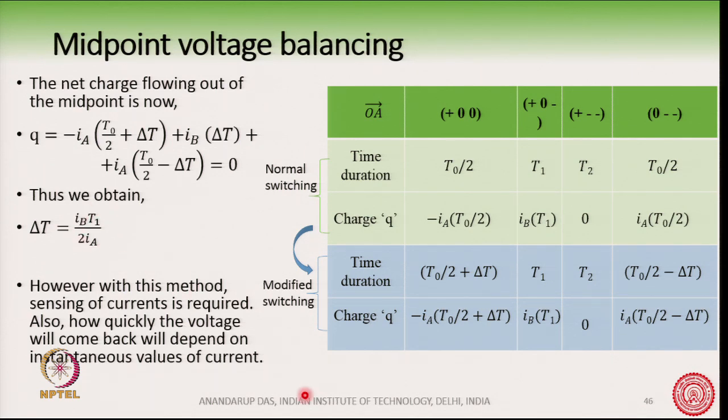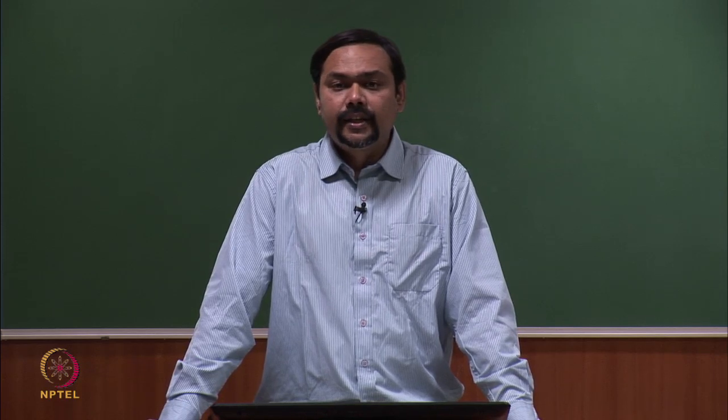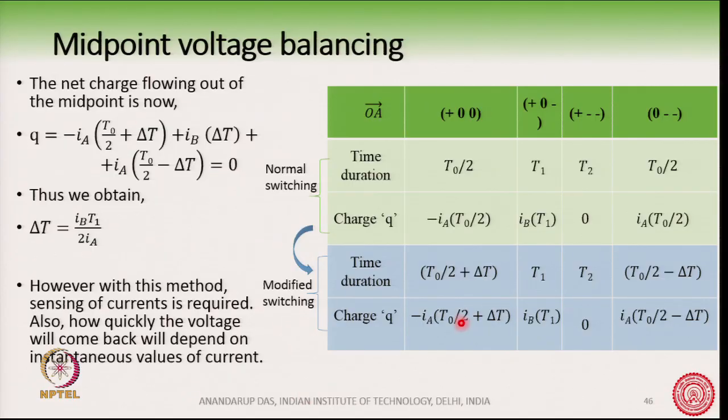So, this is one way of ensuring that the net charge is coming out to be 0 over a switching cycle Ts. We add some delta T to this plus 0 0 state and we subtract the same time delta T from the 0 minus minus state, and the value of delta T will be equal to so much here.